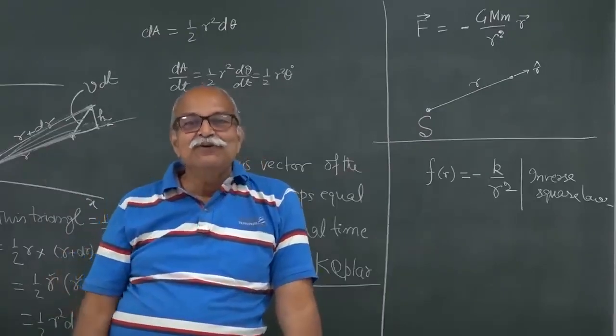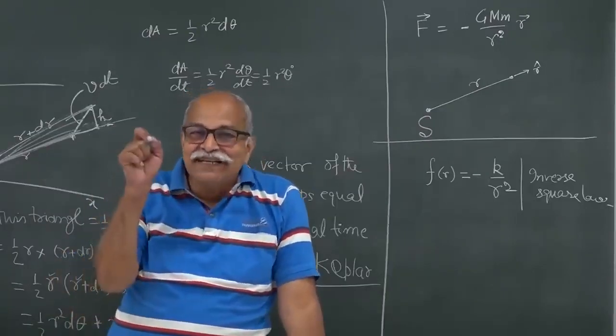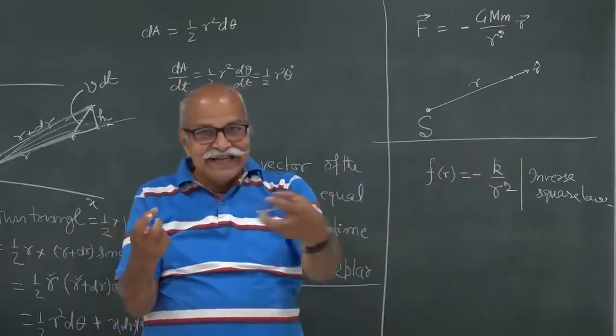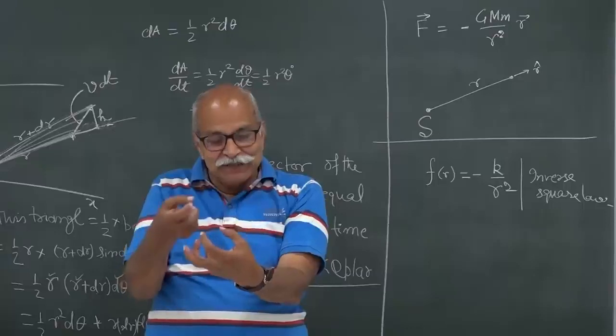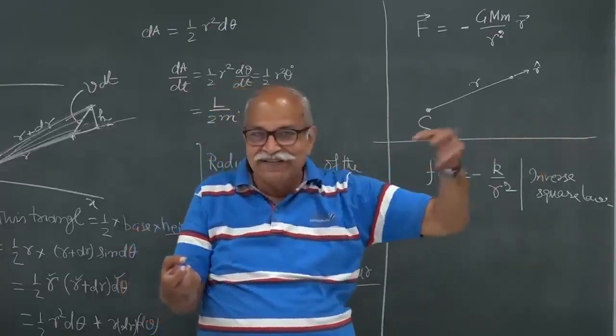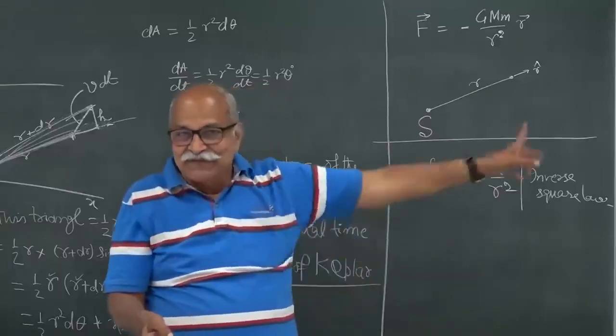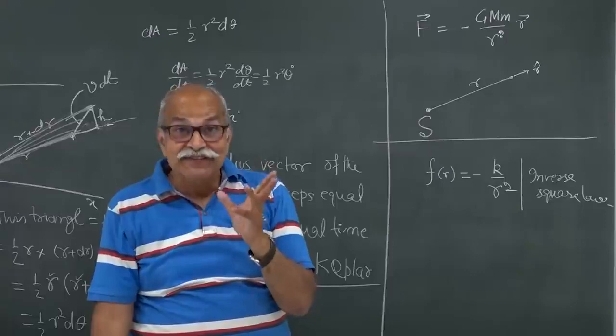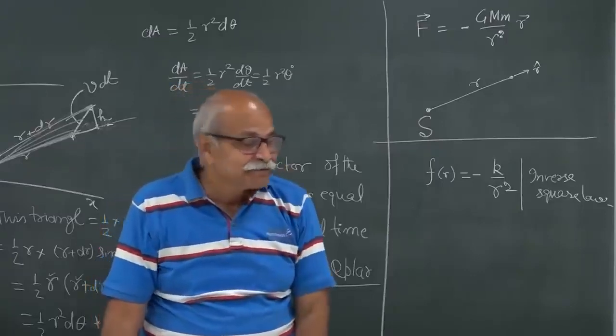And very close to Rutherford scattering, where you have a nucleus and an alpha particle is sent, and because of that force, of course a repulsive force, or if you send beta particles, then it is an attractive force. Very close to this situation, the force is 1 by r square type, inverse square type.